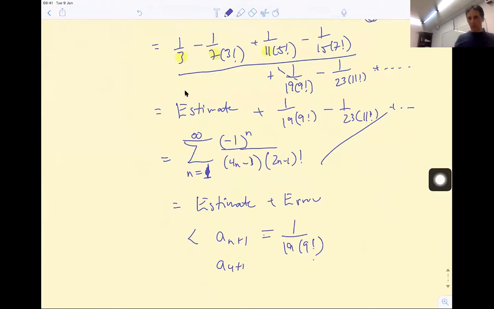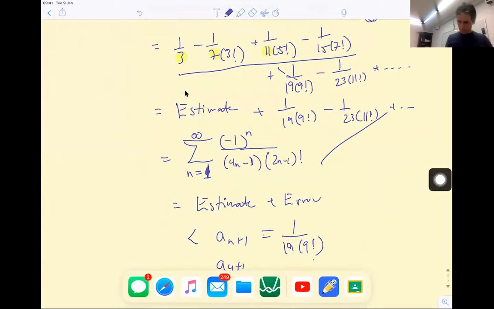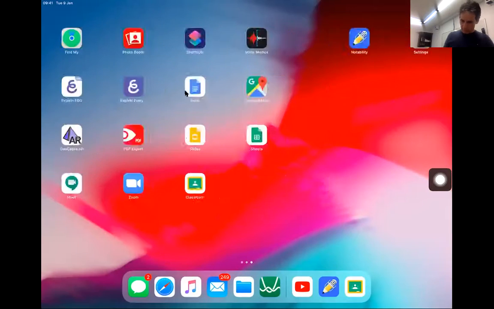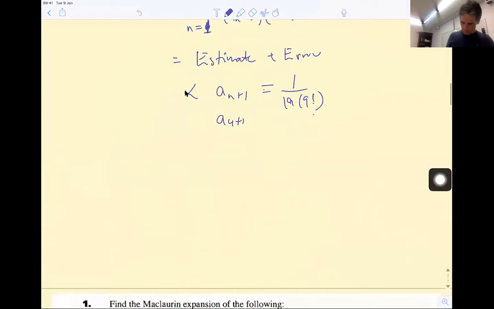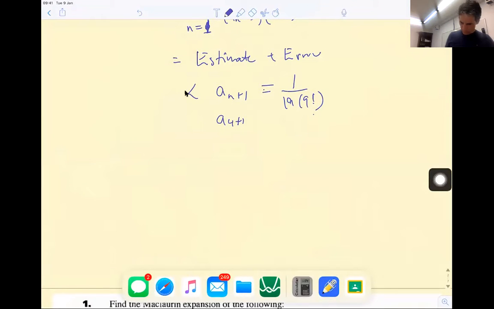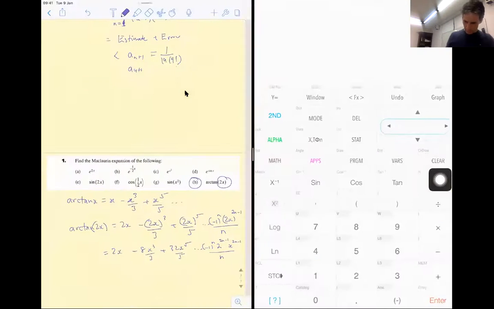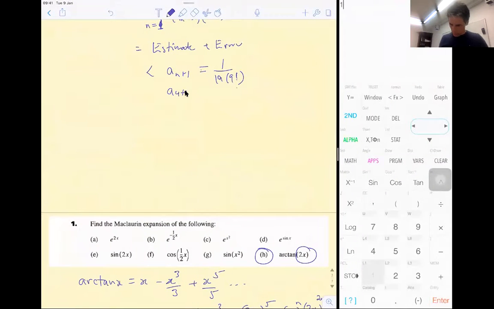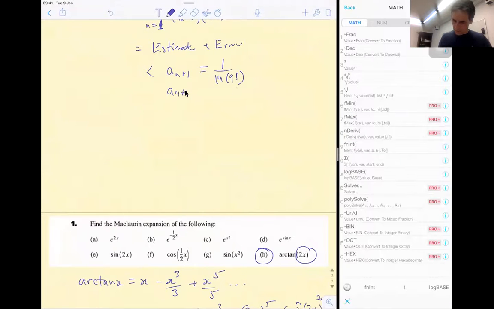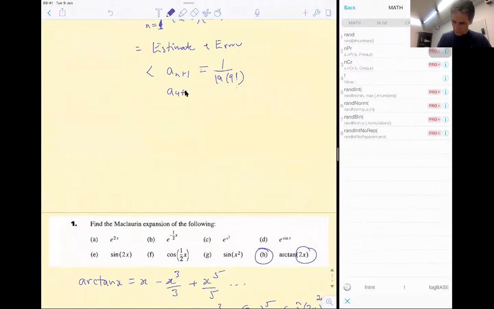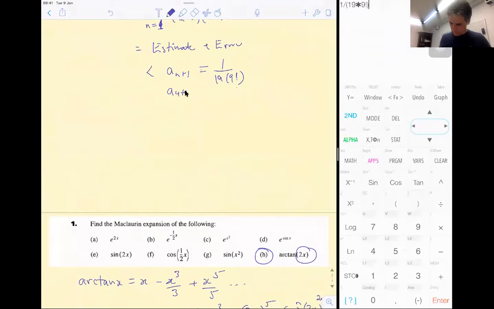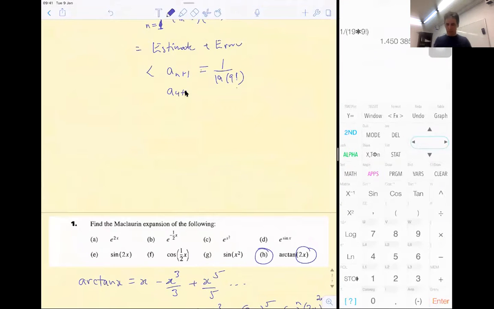And if we evaluate that number on our calculator, sorry about that. Okay, so we have to evaluate 1 divided by, in brackets, 19 times 9 factorial. We get that number there, okay?